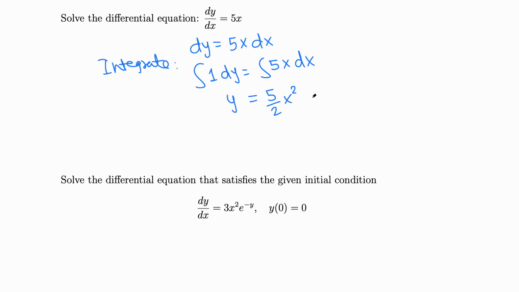Those are not the same constants, they are different constants, so we write c1 and c2. But when we subtract, we can just write a generic constant c. And this is in fact solving for y, so done. The solution for this differential equation is this.